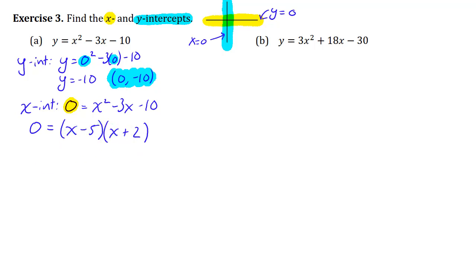It should be x equals 5. That's what would make this part equal to 0. The value of x that would make this other factor equal to 0 would be x equals negative 2. So those are the x-intercepts. We've got 5, 0, and negative 2, 0.